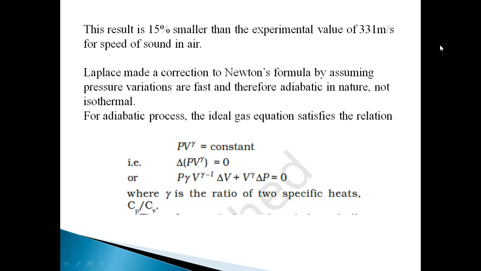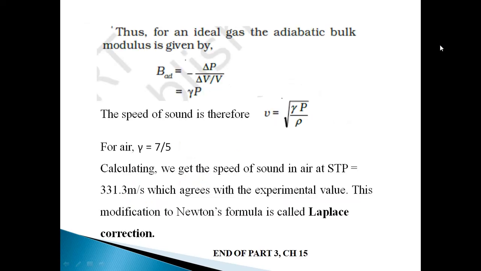On simplifying, if you divide by V raised to gamma minus 1 throughout, you will get P into gamma equal to minus delta P by delta V by V. So this is the bulk modulus in an adiabatic process. So for an ideal gas, the adiabatic bulk modulus is given by B adiabatic equal to minus delta P by delta V by V, which is equal to gamma P.